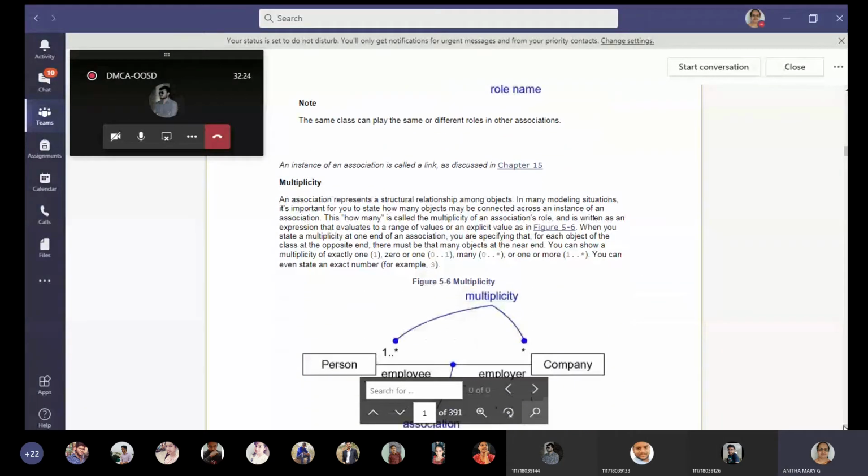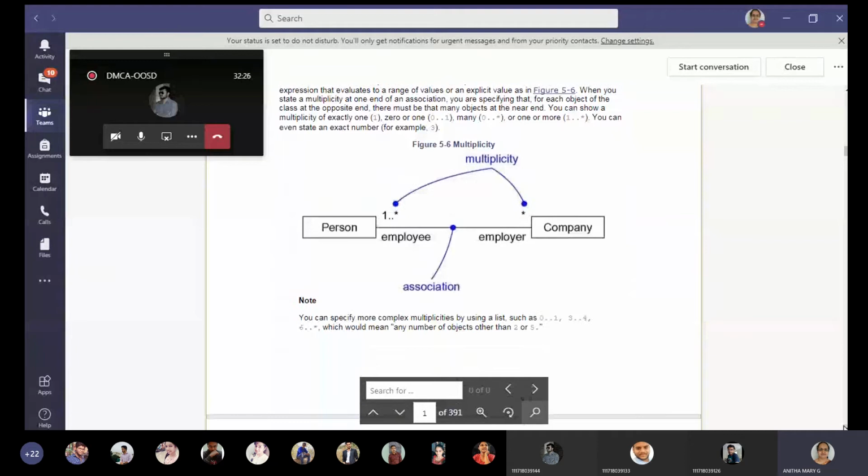And the third adornment is multiplicity. We call it cardinality in DBMS, but here we say multiplicity. How many instances of one class can be associated with how many instances of another class? That can be given by multiplicity.